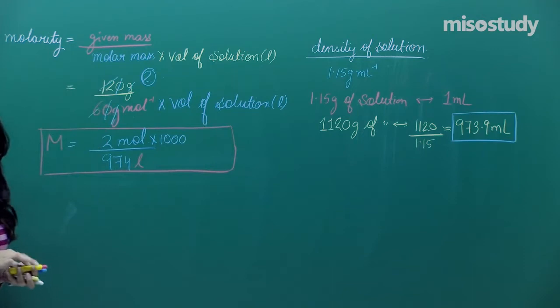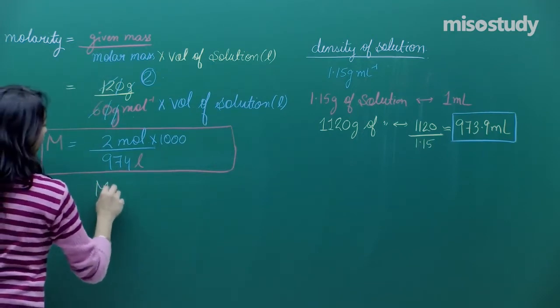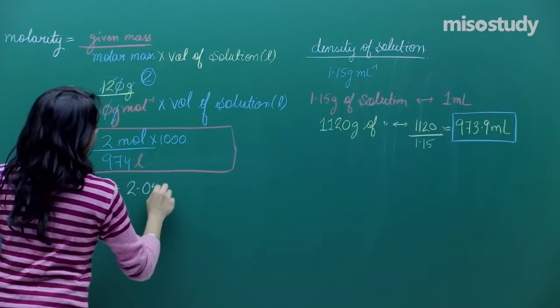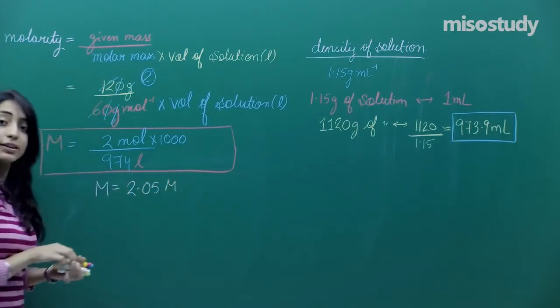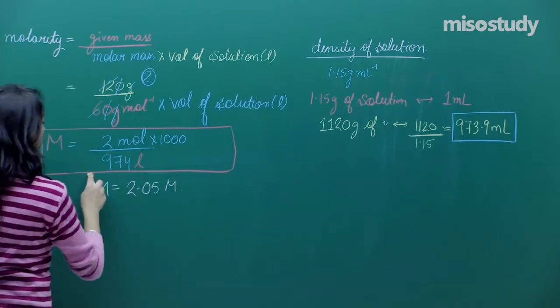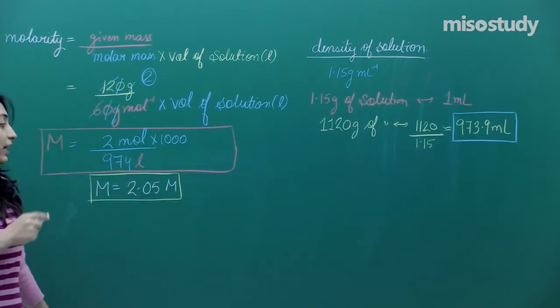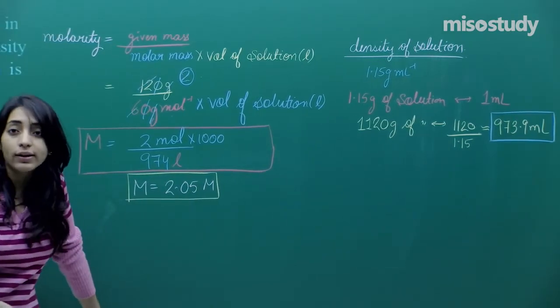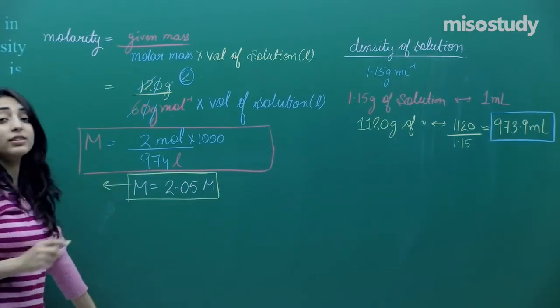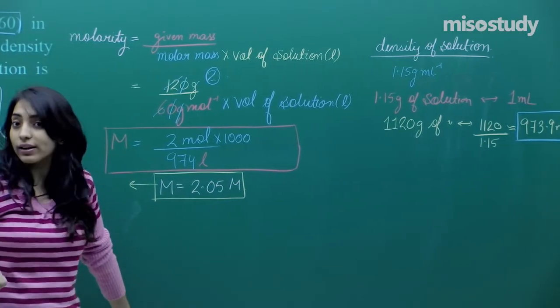Am I right? If I do the calculation, the final molarity of the solution will be about 2.05 molar. You can redo the calculations to check whether I am getting the correct answer or not. Let me now figure out whether this particular molarity is given or not.